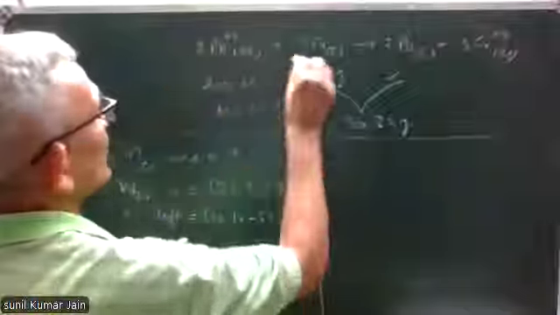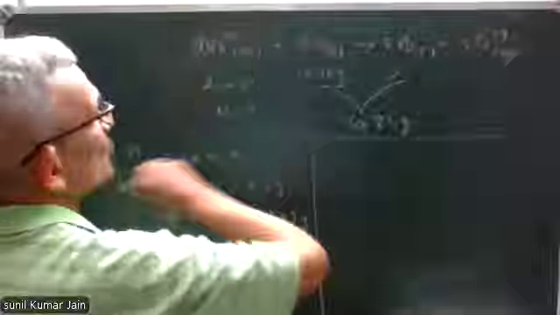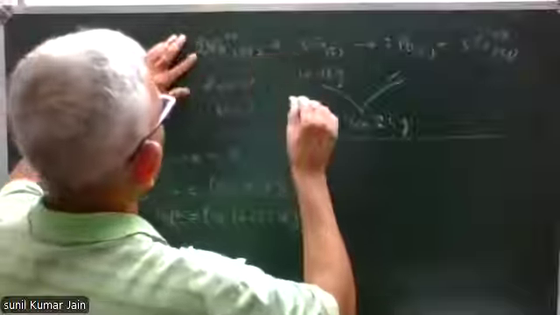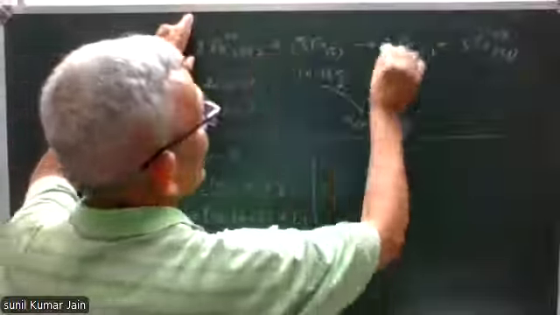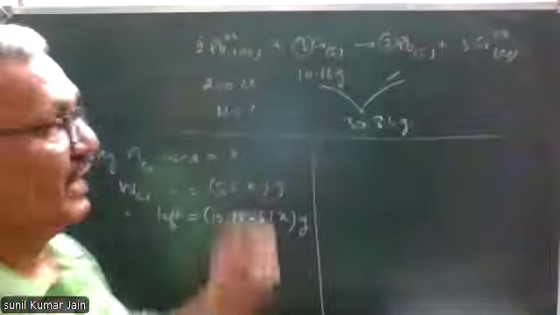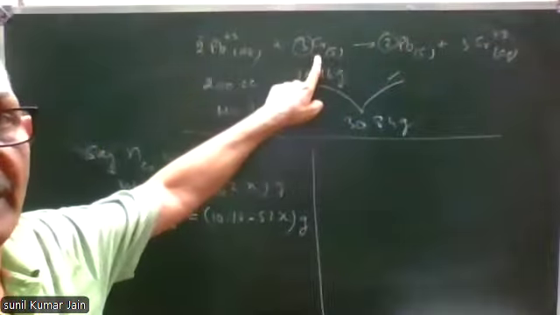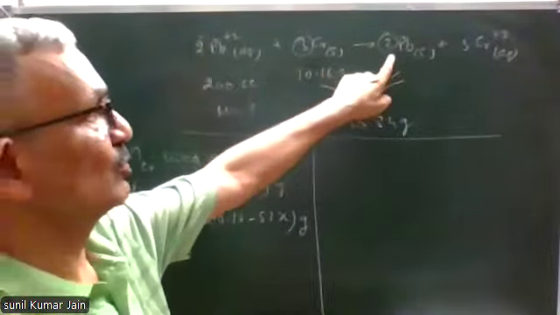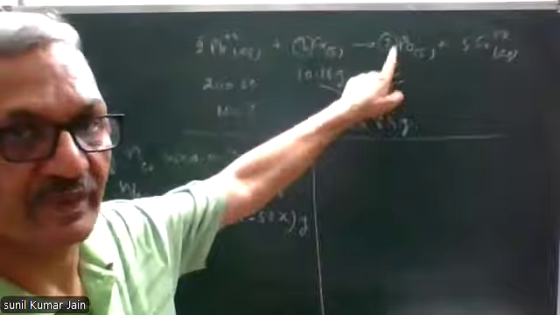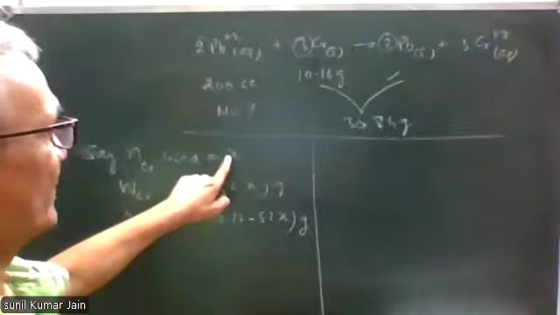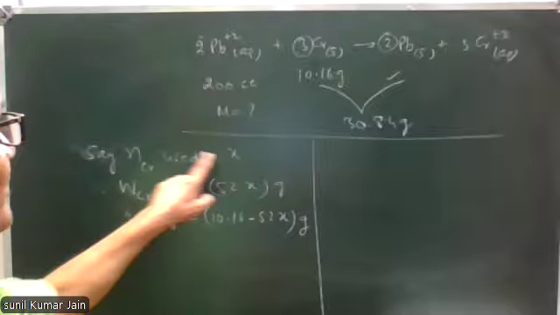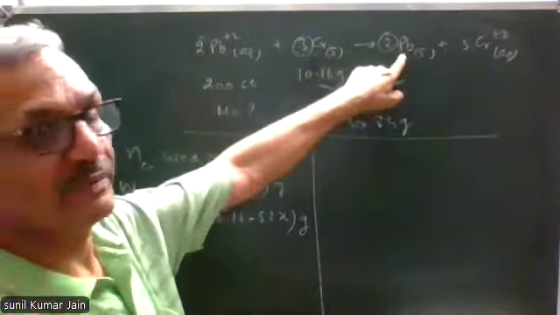Now, look at the stoichiometry. This is 2, right? This is 3 and this is 2. When 3 moles of chromium are consumed, 2 moles of lead are produced, right? And if X mole of chromium is used, how many moles of lead will be produced?